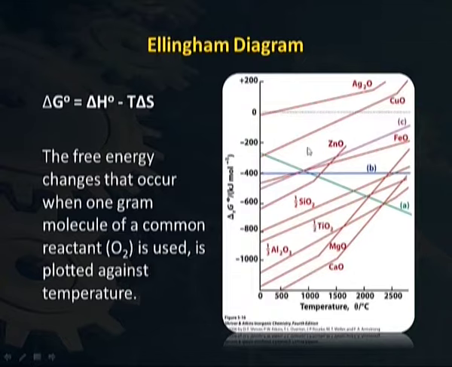The lines are sloping upwards because of the entropy change and the magnitude of T, which increases as you go to increasing temperatures. We also see that these lines bend at certain points, and this is because of phase transformation, maybe from the liquid to the vapor or from the solid to the liquid state.